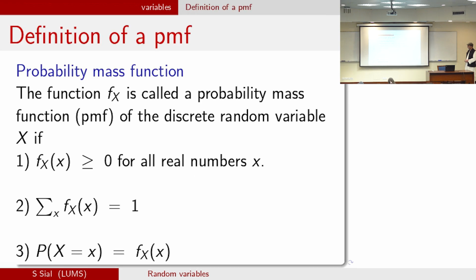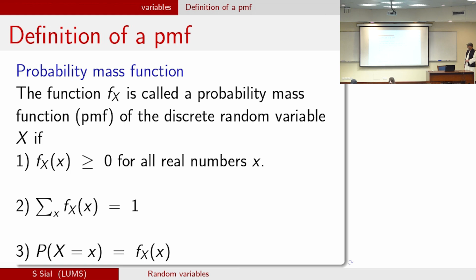And like I said, we did an example last time. We'll do a few more examples here so you get comfortable with the idea. Okay? So what do I need? Because I'm talking about probabilities, I need that the probability that capital X takes the value small x should be greater than or equal to 0 for all real numbers x. So we're mapping from reals to reals, okay? And it's a probability. Probabilities are never negative. Okay?